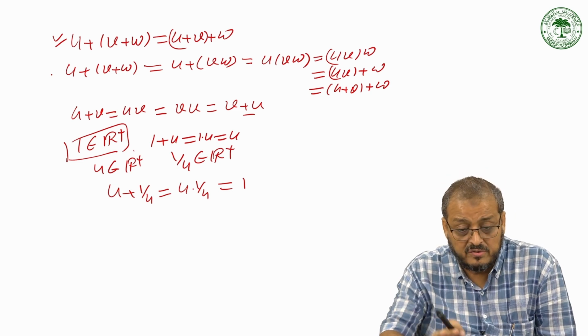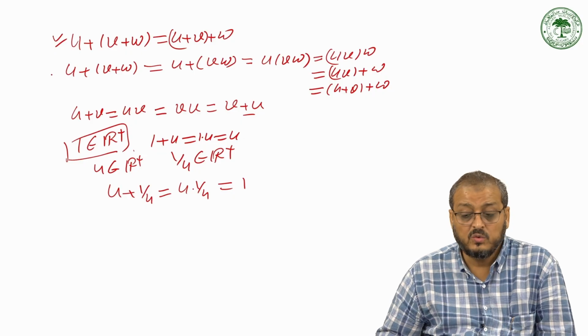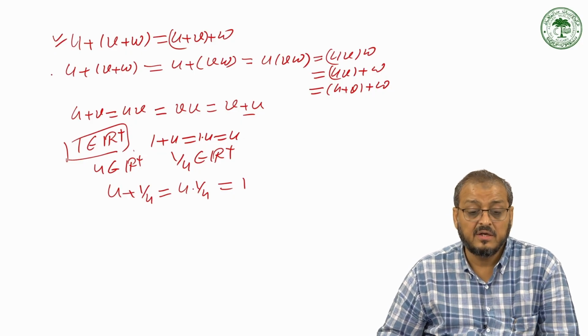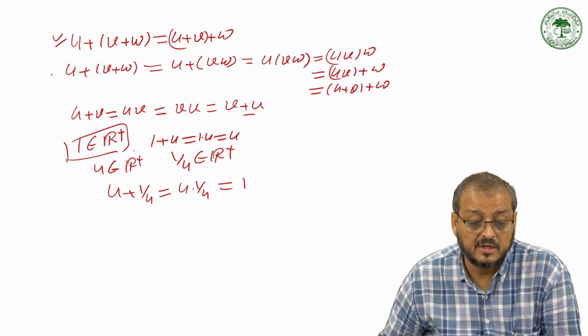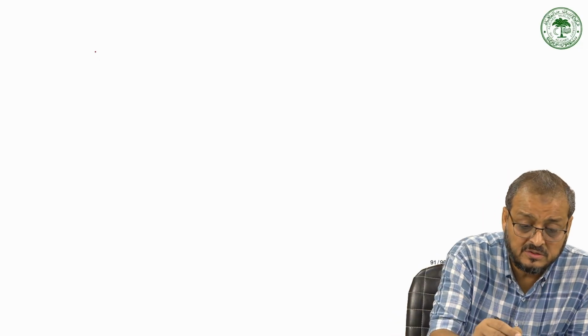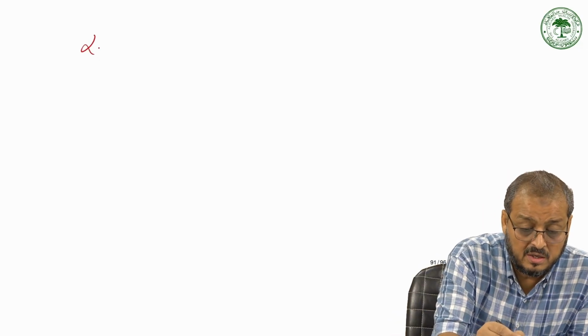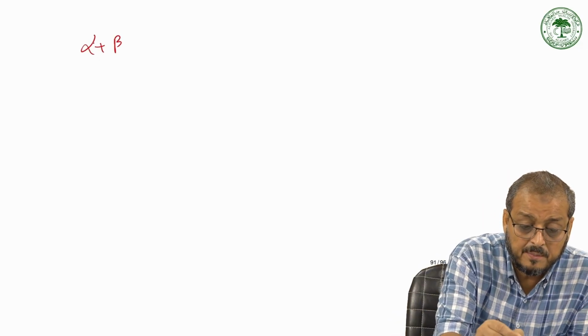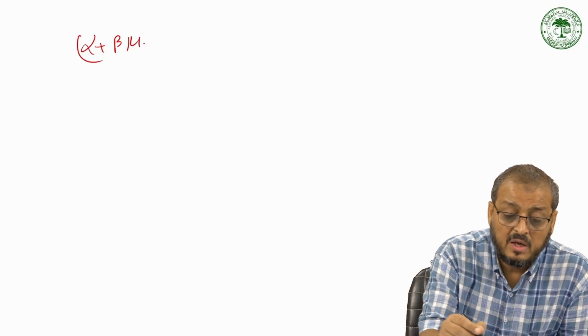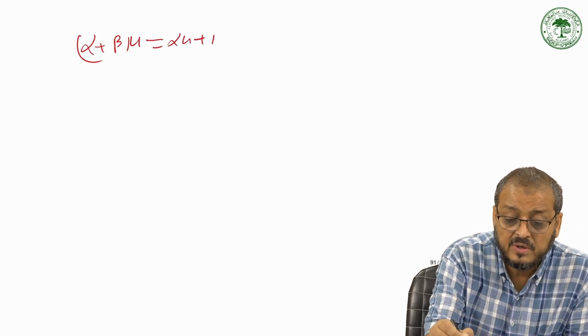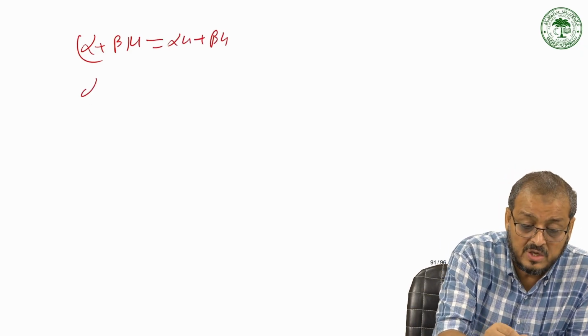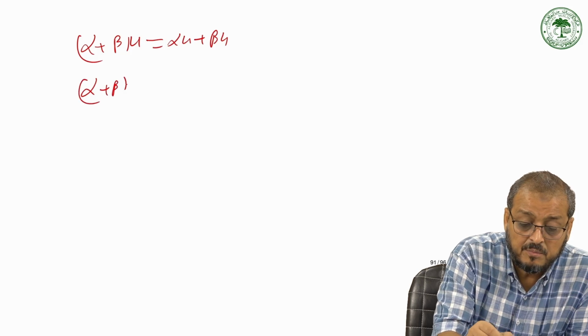Now we try to find the other properties under scalar multiplication. So we have alpha plus beta times u, and we have to show that it equals alpha u plus beta u.